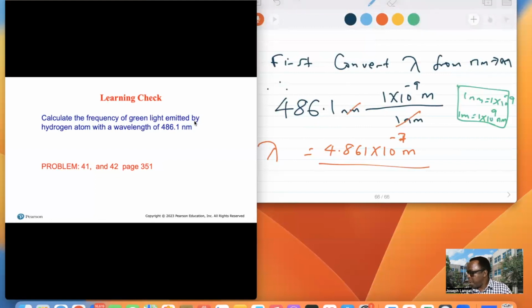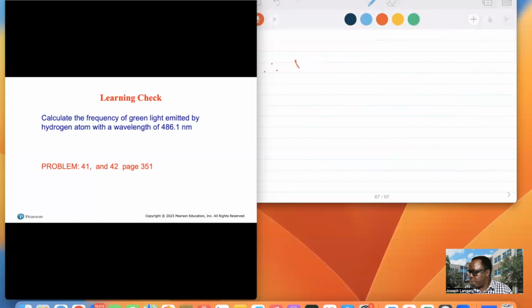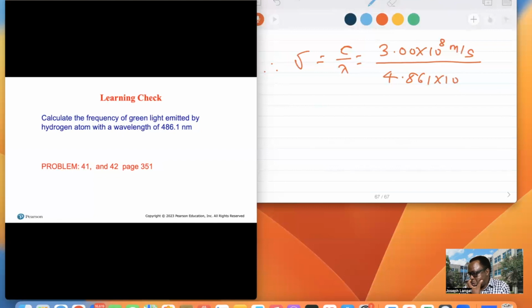Therefore, we can now calculate the frequency, which is c over wavelength, which equals 3.00 times 10 raised to 8 meters per second over 4.861 times 10 raised to negative 7 meters, so that the units will go away.